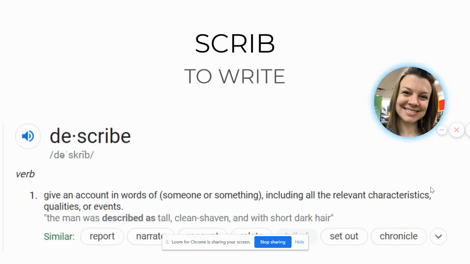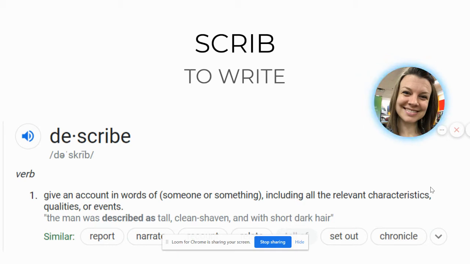Next up, we have scrib. Okay, now at first that might sound funny, but if you use your Spanish again to help you understand your English, I love it when this happens, you will notice that scrib is part of the word in Spanish, escribir, which means to write. Okay, so here we have the example word describe.